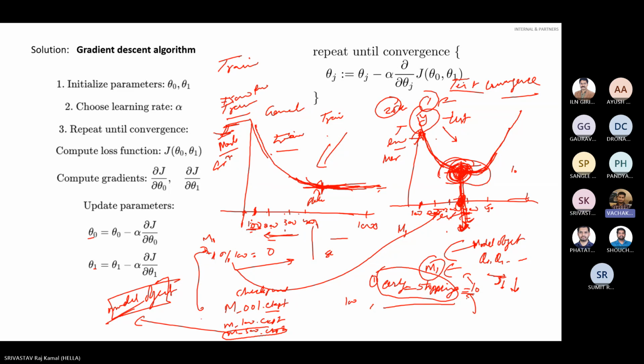But at the same time, why is my cost function on test data increasing? Because on my training data, my cost function is not increasing or decreasing, so it should behave on the other side in the same way. Then why is it happening?